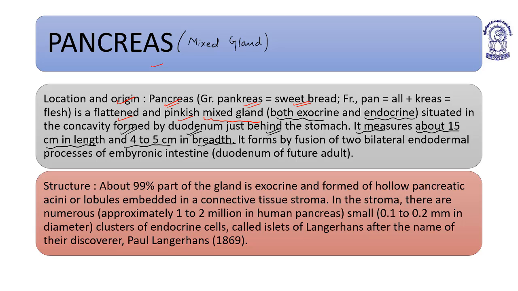It forms by fusion of two bilateral endodermal processes of the embryonic intestine, the duodenum of the future adult. So the origin of pancreas is very interesting. The origin takes place by the fusion of two bilateral endodermal processes of the embryonic intestine, the intestine which is going to form in the adults.